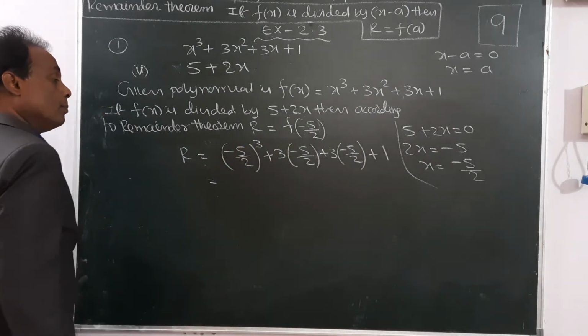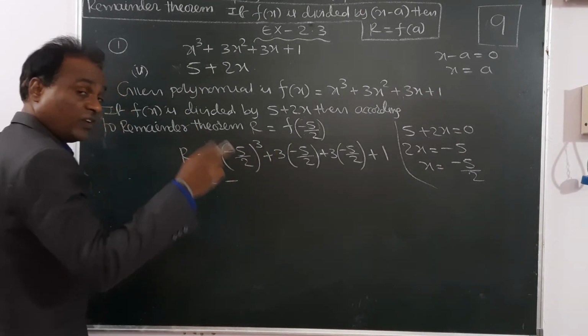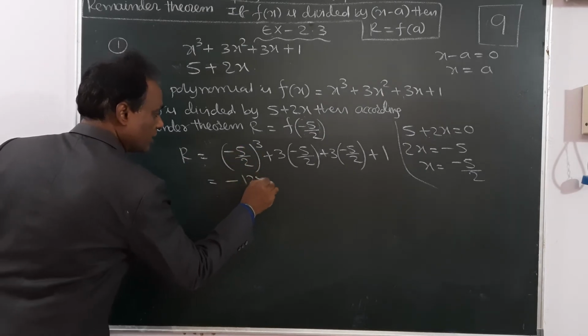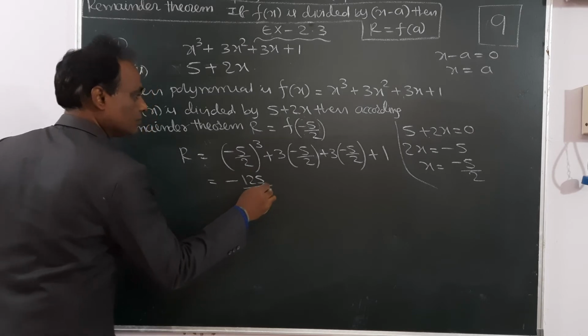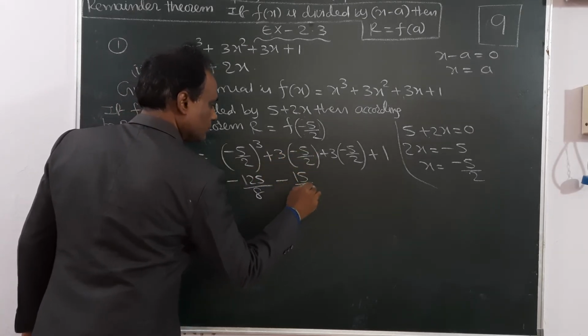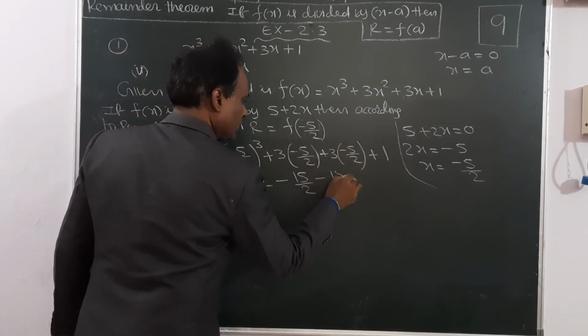Minus whole cube, minus into minus, minus 5 cube is 5 into 5 into 5, 125. 5 5 is 25, 5 is 125, 2 cube is 8, plus 3 into minus, minus 3 5 is 15, plus 3 into minus, minus 3 5 is 15.